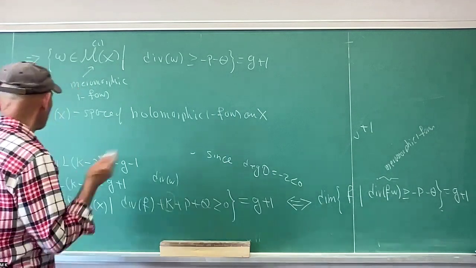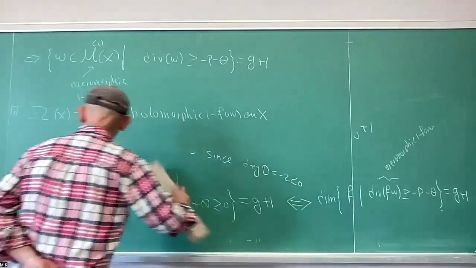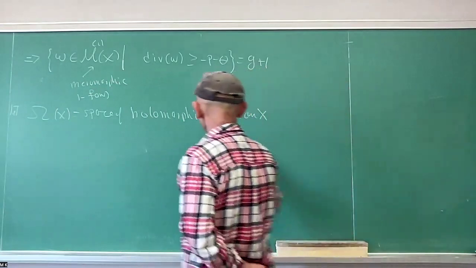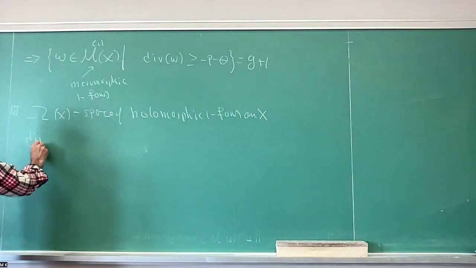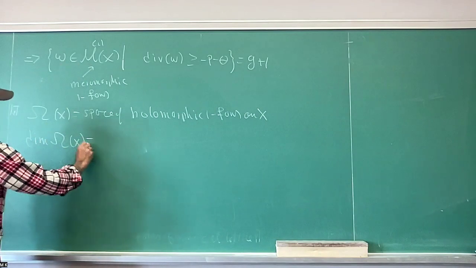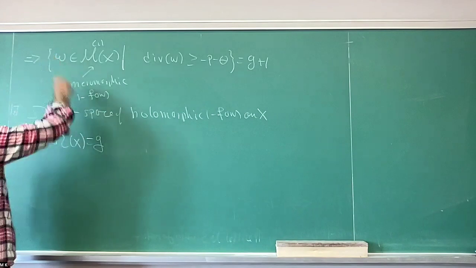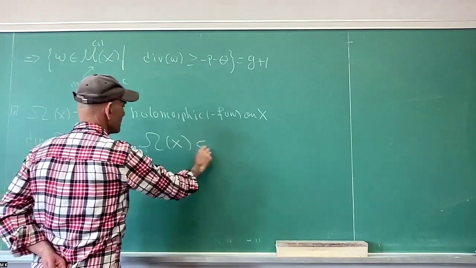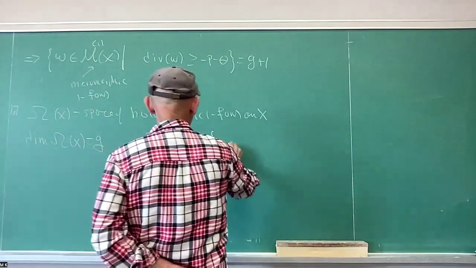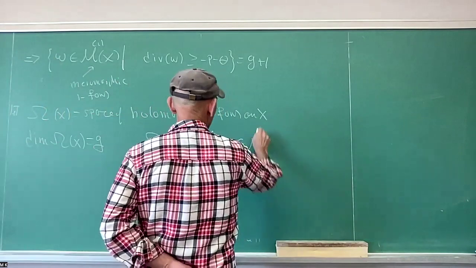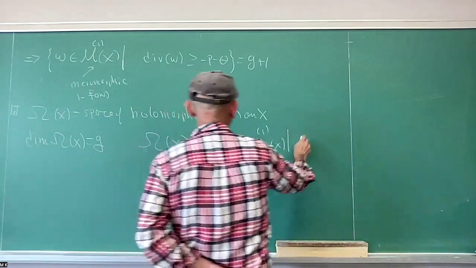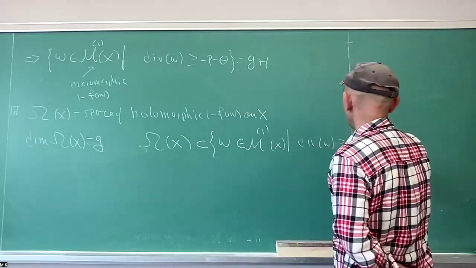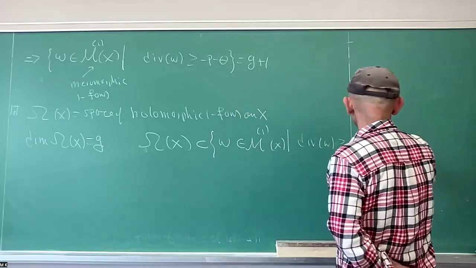It can be proved using different methods, but I did not prove that. But this dimension is G exactly. But this omega of x is inside the set of all meromorphic one forms omega such that divisor of omega is bigger than or equal to minus p minus q, right?